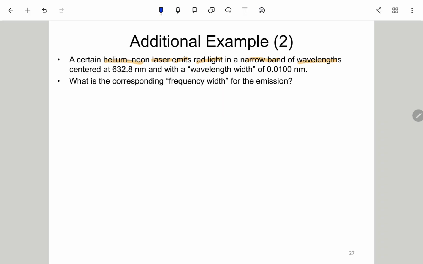So which means that if we try to do some statistics about the wavelength of this red light laser, it turns out to be something like this. This will be something like a normal distribution.